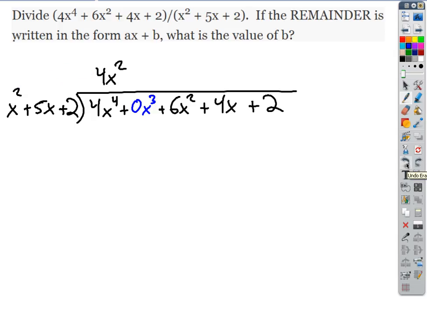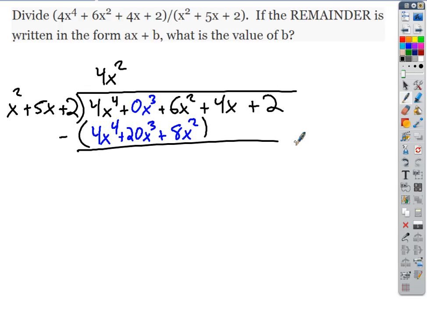It has to be. 4x squared times 5x is 20x cubed, and 4x squared times 2. And we're going to subtract, and I would strongly urge you to write it this way, minus the quantity, so you remember that you're subtracting each term from the term above it. So these cancel, right? 0x cubed minus 20x cubed.